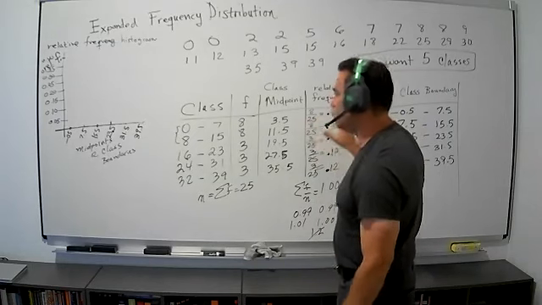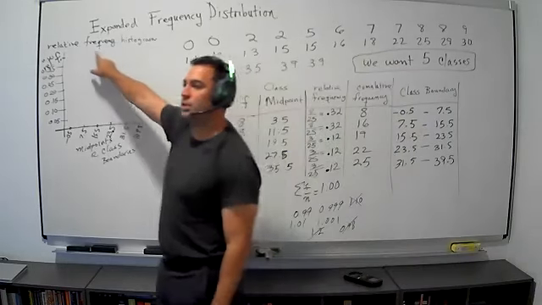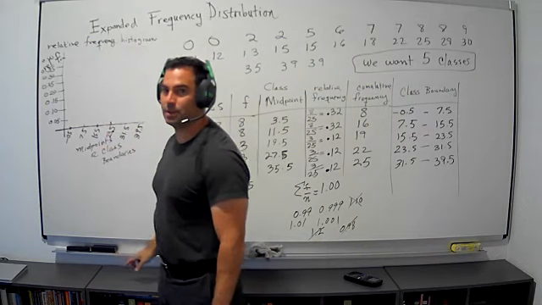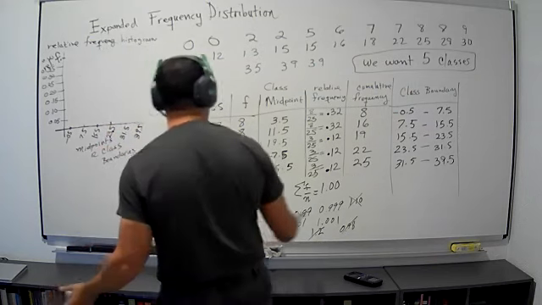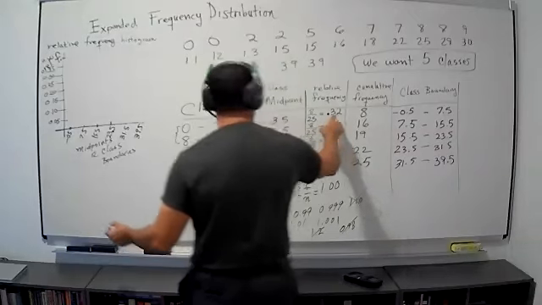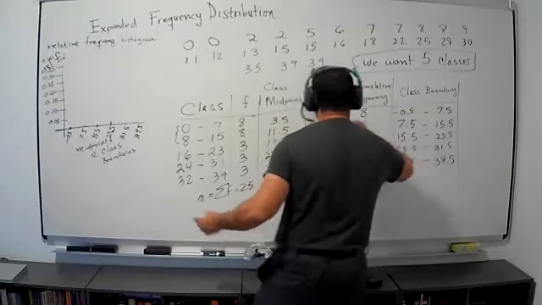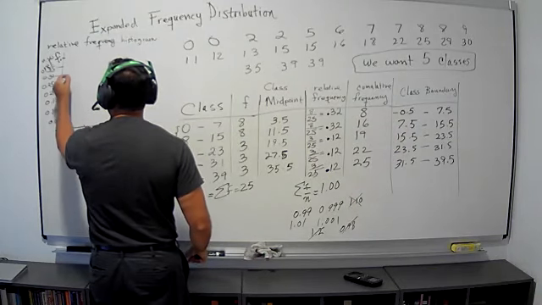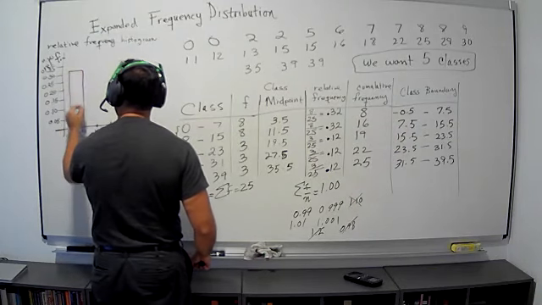We're going to use class boundaries, because for the relative frequency histogram, we can use midpoints or class boundaries again. For the first one, from negative 0.5 to 7.5, it'd be 0.32. So I make a bar, and I'm going to eyeball it around here, 0.32.